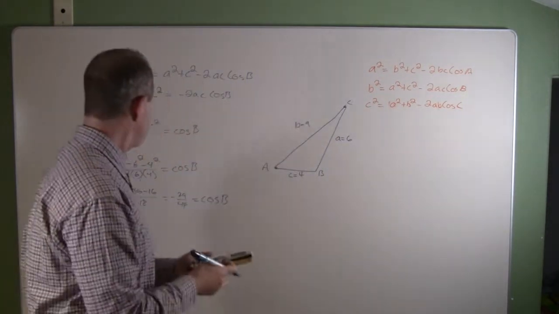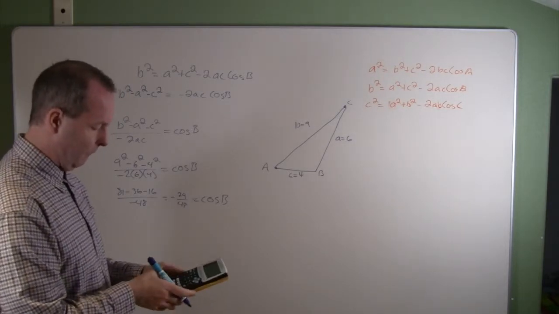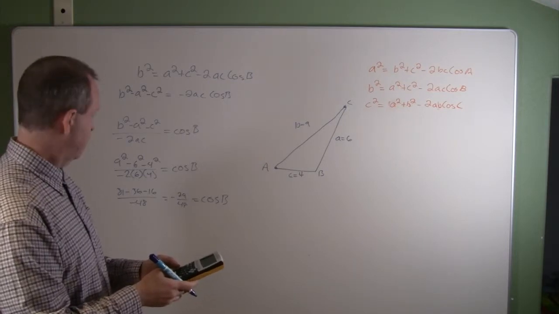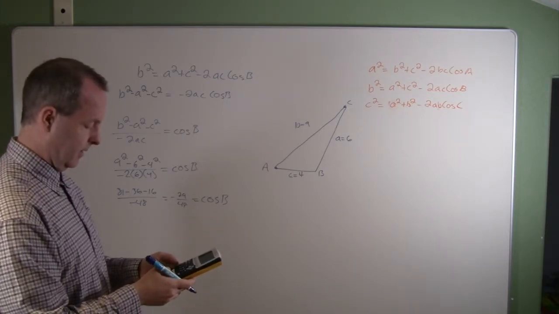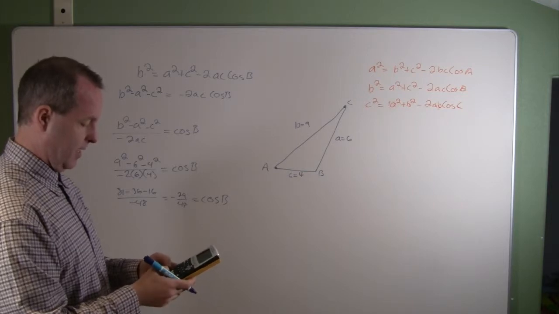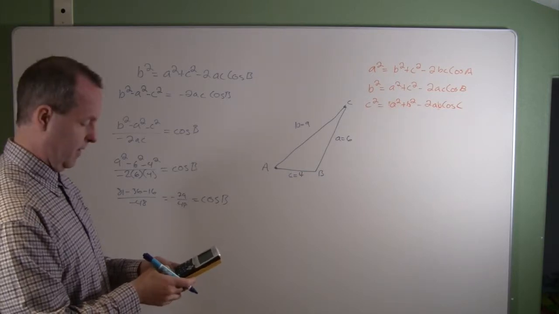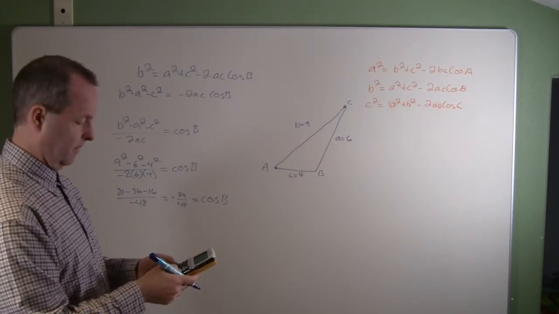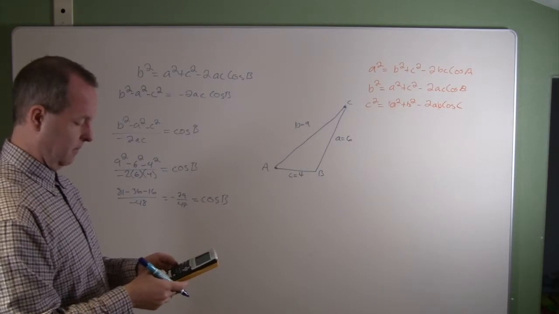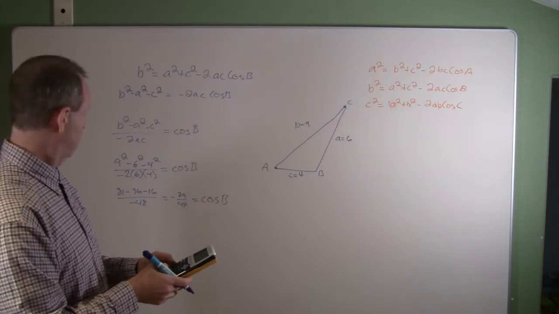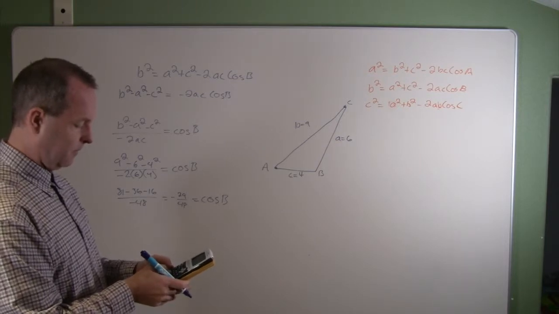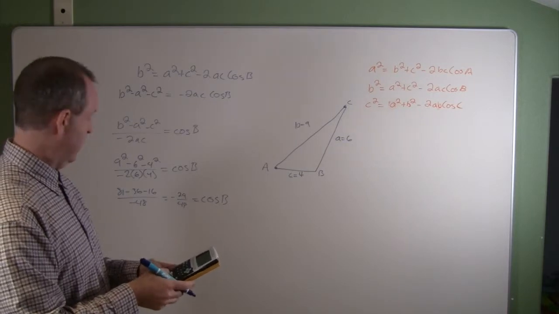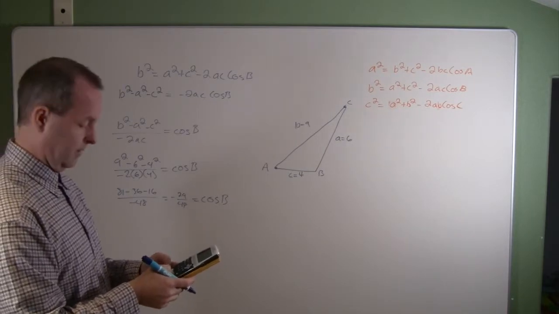So let's find what b is using inverse cosine of negative 29 divided by 48. I don't need a negative in there, folks. Oh, cosine, sorry. Inverse cosine, that's what I did. Inverse cosine of 29 divided by 48.